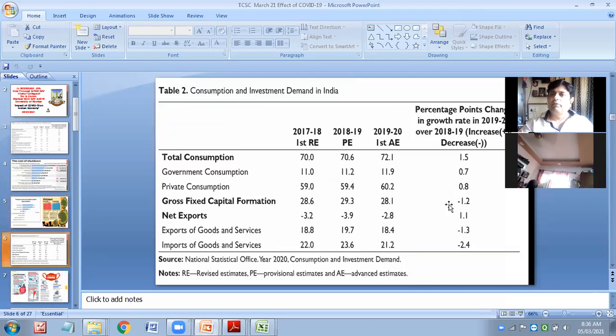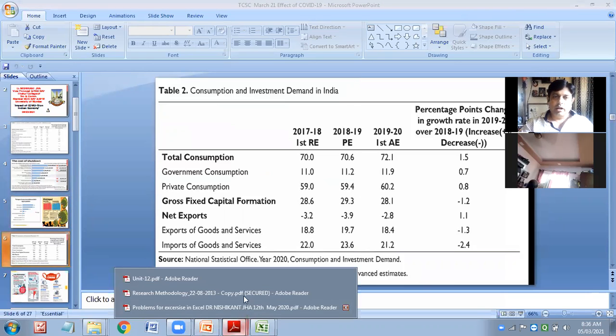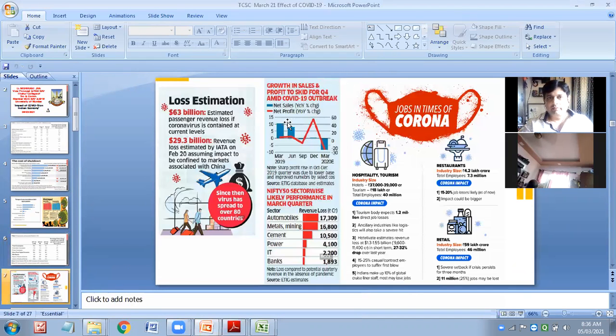Again, there is a tabular form of data. So I hope you must have understood after collecting the data, because they have collected the data and then they have transformed the data to make it easy for the people at large. Here there is everything. Graphical presentation also, description also, that this much is the loss that took place due to corona.